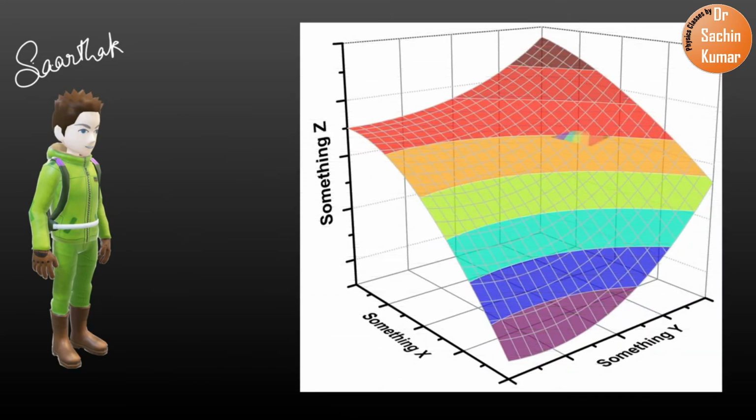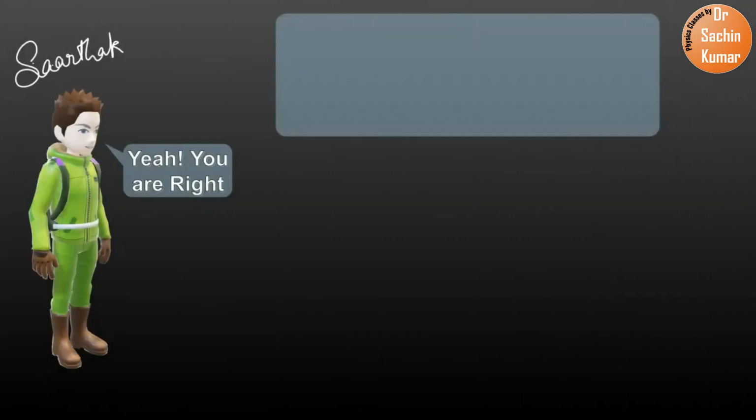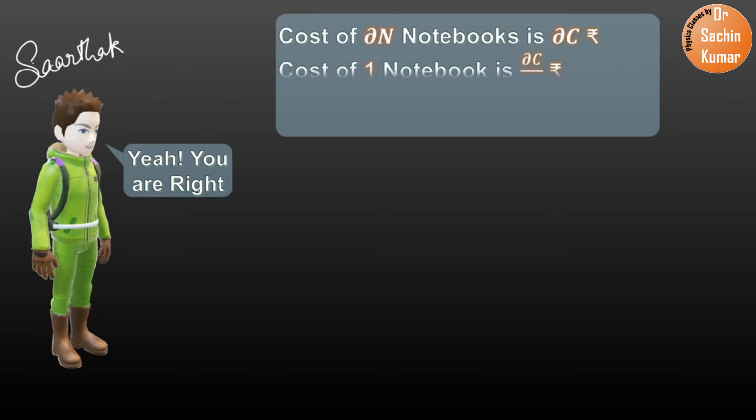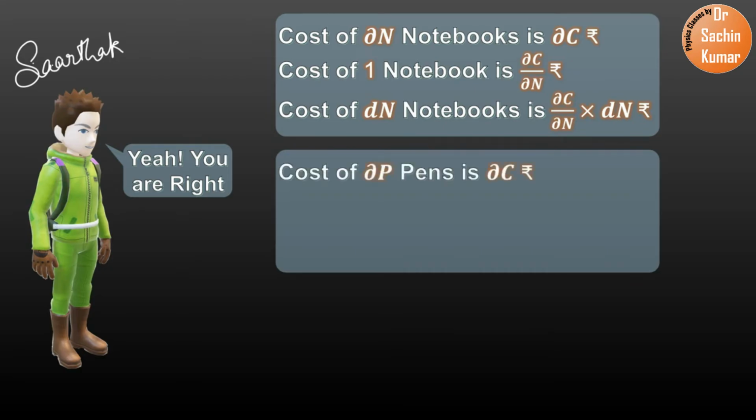We will look at the smallest part of this 3D curve and we'll do the same formulation. The cost of del n notebooks is del c rupees. Cost of one notebook is del c by del n rupees. Cost of dn notebooks is del c by del n into dn rupees. This is the normal unitary method but at a smaller scale.